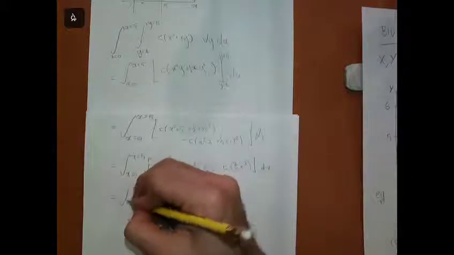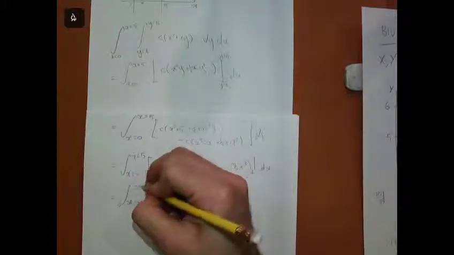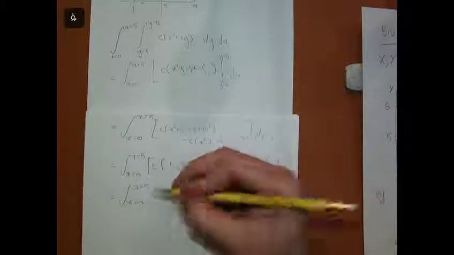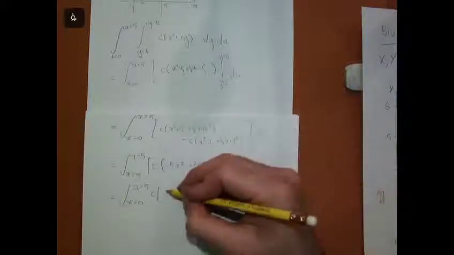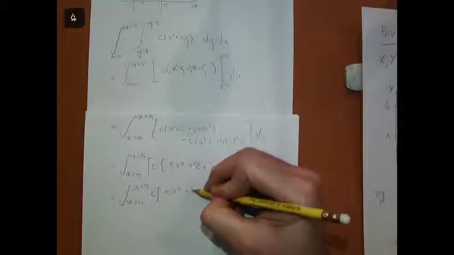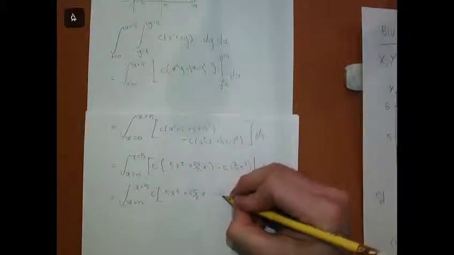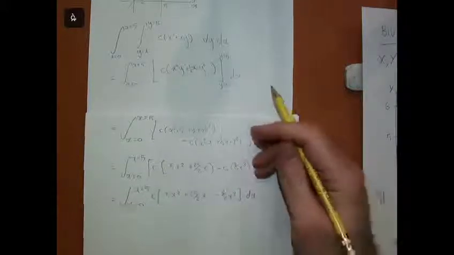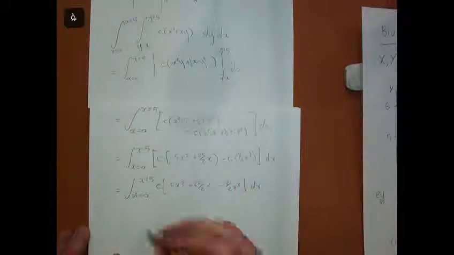Okay. So there is a c there. I've got 5x squared plus 25 over 2x minus 3 over 2x cubed, dx.